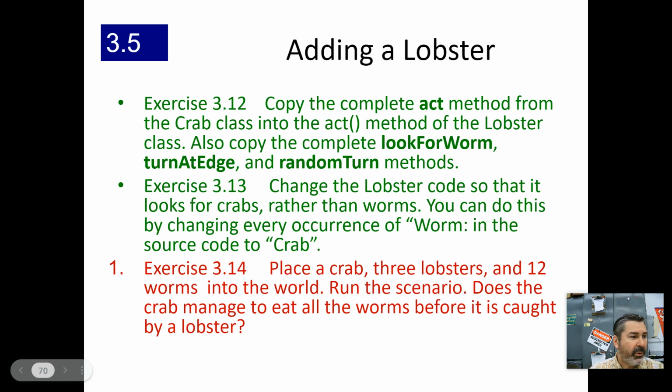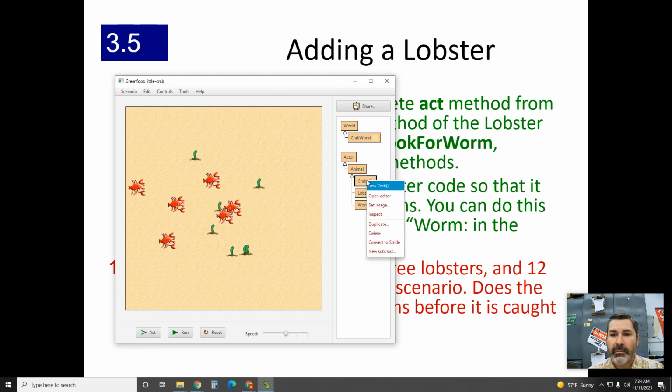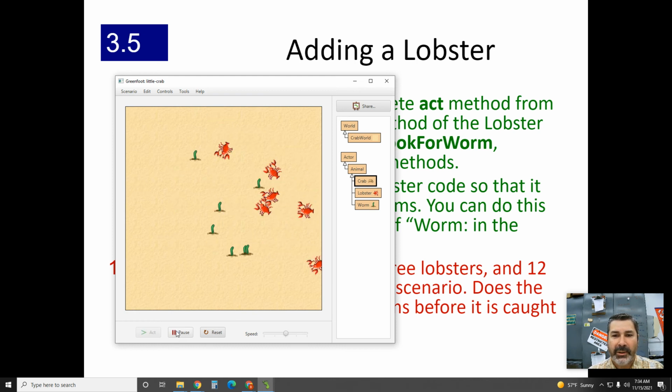We're going to go to the project. We're going to place some worms. I'm not going to do exactly what they said, but let's just see if it works. Okay, so the idea is the crabs eat the worms, the lobster eats the crab.